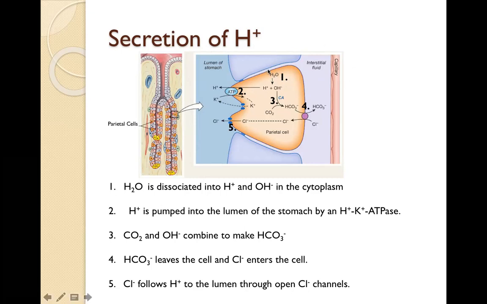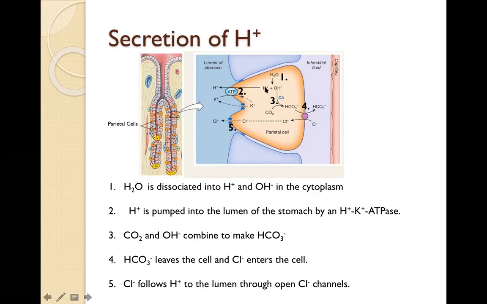The first thing that has to happen is that the water molecule has to dissociate, and it dissociates into two things. Number one, it dissociates into a hydrogen ion or a proton. This is the acid. And it dissociates into a hydroxide ion or OH negative ion. That proton is what we want secreted into the lumen of the stomach.